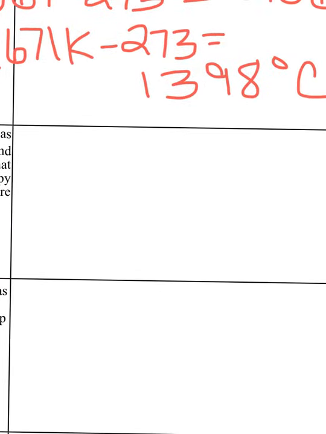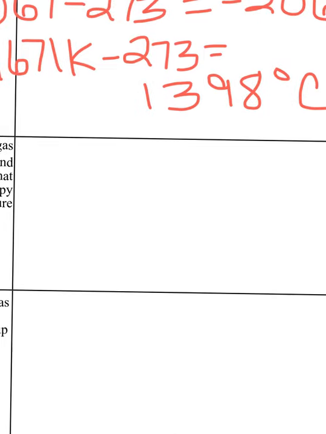So what is Boyle's law? Boyle's law is P1 V1 equals P2 V2. We're taking the pressure and the volume before, that's what the ones mean, and we're setting it equal to the pressure and volume after.